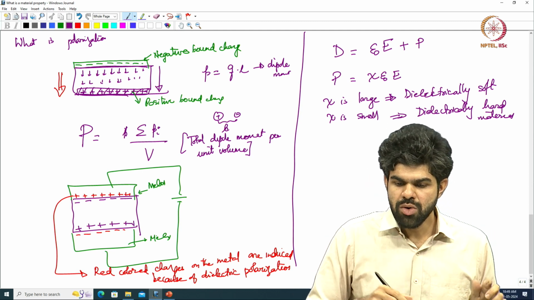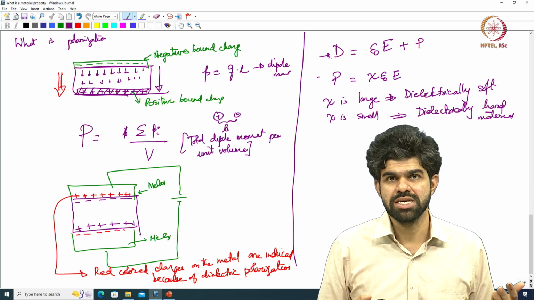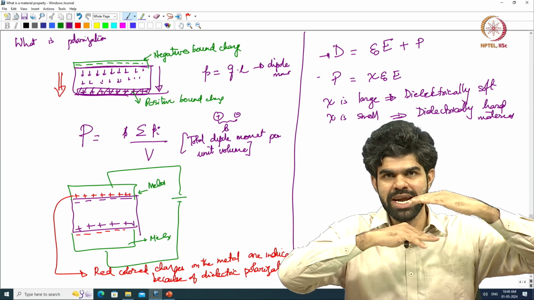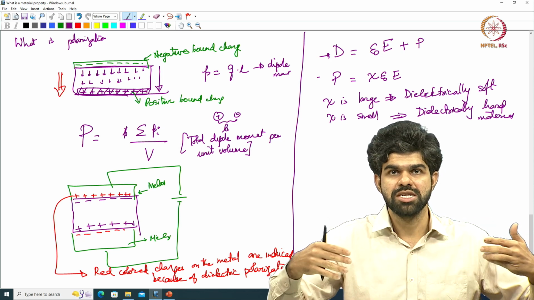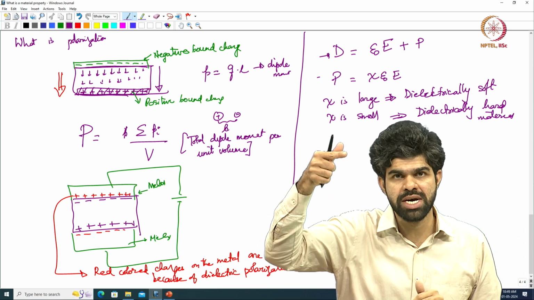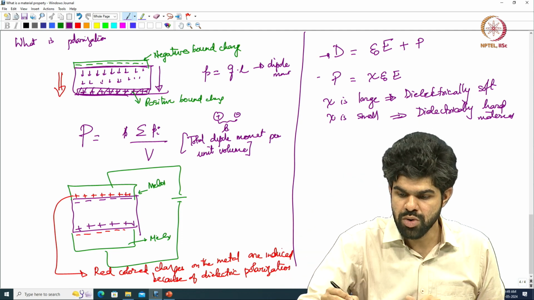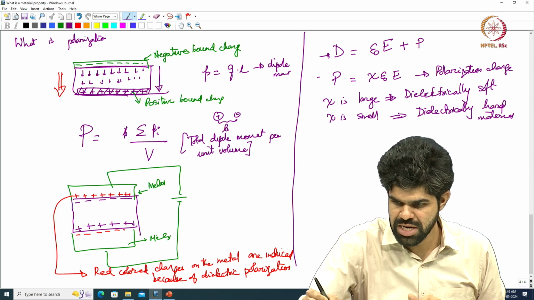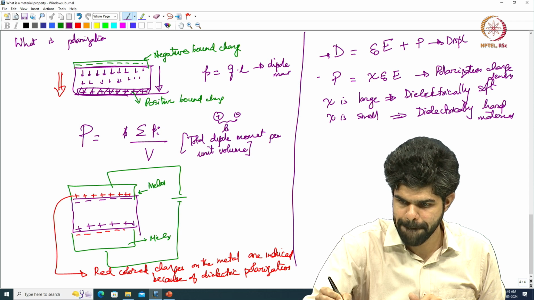Okay. So here I have defined two quantities. One is what is called displacement charges. Displacement charges are the total charges on the metallic plates, or the charge density on the metallic plates. The other is the polarization charges. Polarization charges are the induced charges because I have a material that is getting polarized. So these are polarization charges or charge density, and this is the displacement charge density.